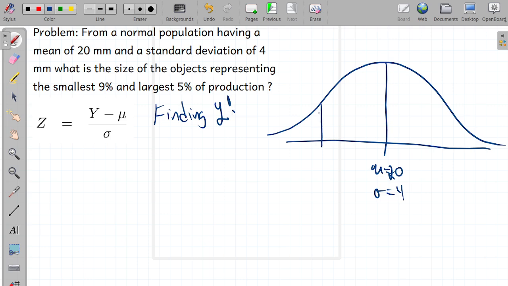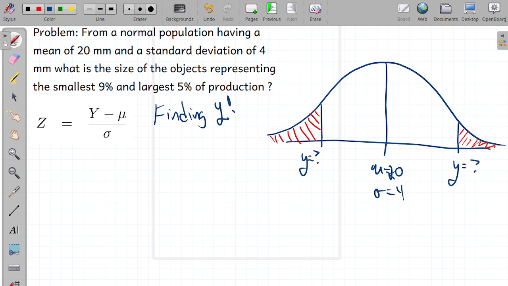So the smallest 9% would be this area here. That's what the information told me. But what I don't know is this. The largest 5% is on the other side over here. And again, the largest 5% would represent this tail. We call these tails, by the way. And we want to know what the y value is that represents that.